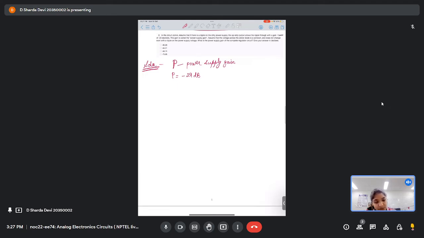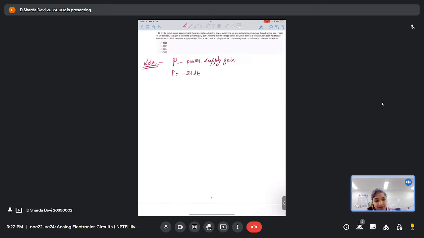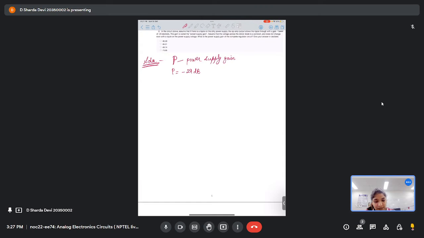Now assume that the voltage gain across the Zener diode is constant and does not change even with the ripple on the power supply. What is the power supply gain of the complete regulator circuit? We have to report in dBs only. Since here we have negative feedback, and as I already mentioned, for negative feedback the gain also reduces by a factor of A beta.